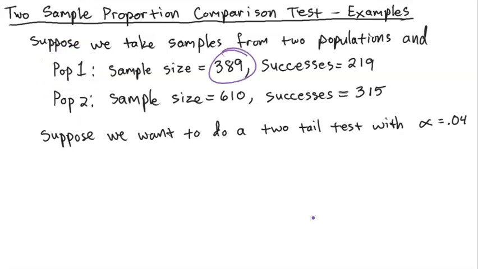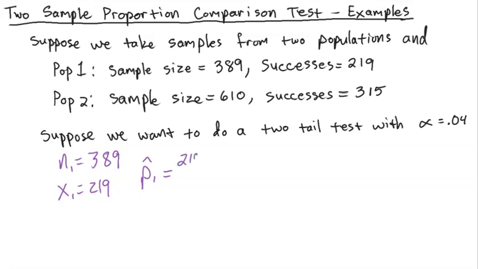We take a sample of 389 from population one, and we have 219 successes. What that means is that N1 is 389, and X1, the number of successes, is 219. The way we would identify P1 hat is 219 divided by 389.